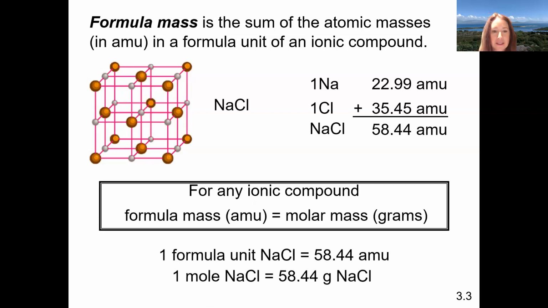If somebody says formula units or formula mass, think molecular mass or molar mass. Molar mass is technically for molecules and formula mass is technically for ionic compounds. If you interchange them, I don't care, it doesn't matter to me.